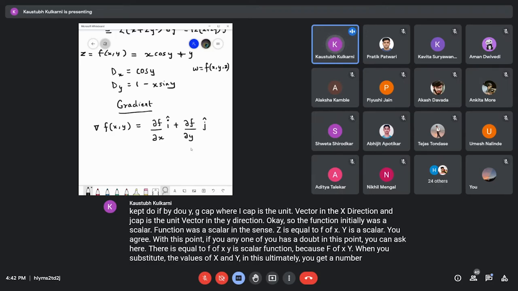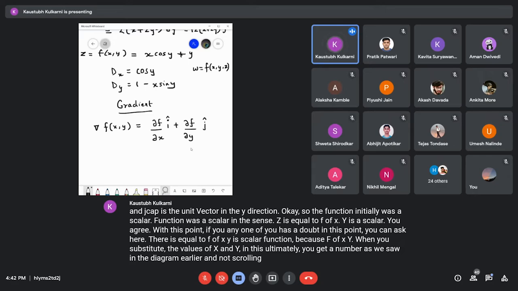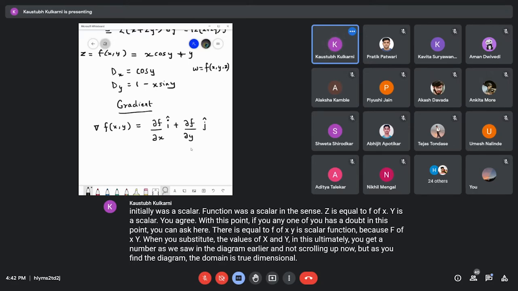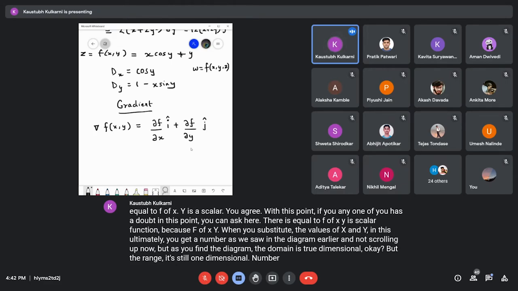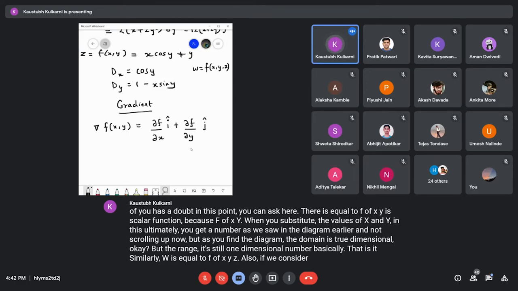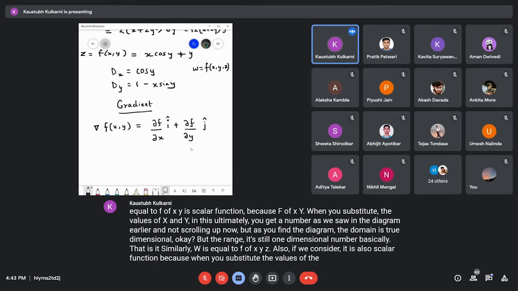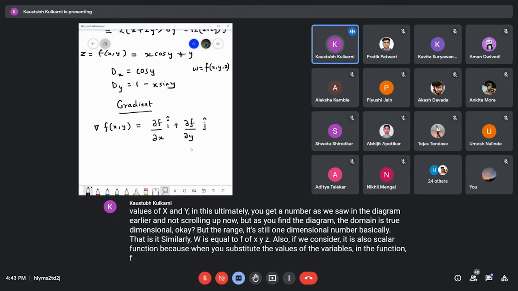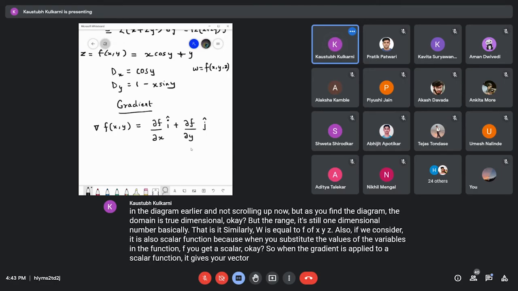As we saw in the diagram earlier, the domain is two dimensional, but the range is still a one dimensional number, that is z. Similarly, w is equal to f of xyz is also a scalar function because when you substitute the values of the variables in the function f, you get a scalar. So when the gradient is applied to a scalar function, it gives you a vector in this way.